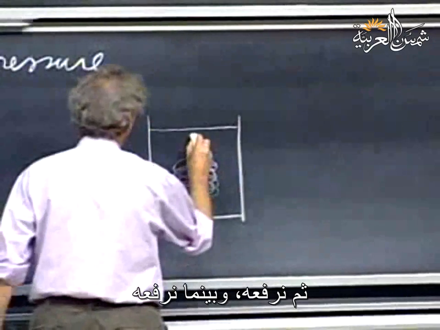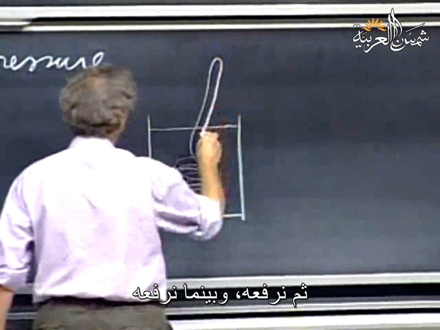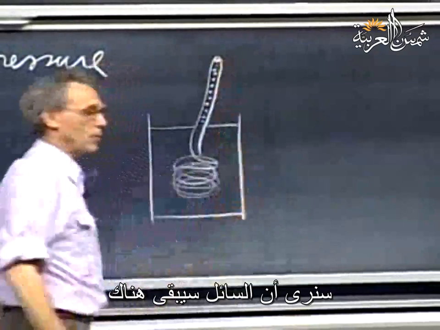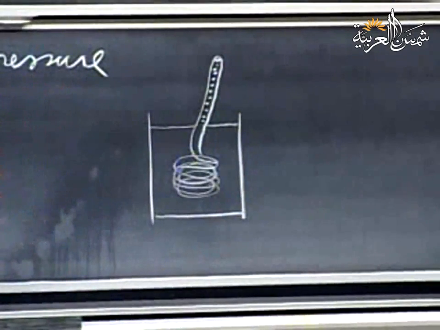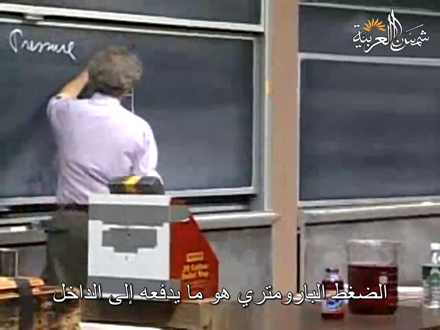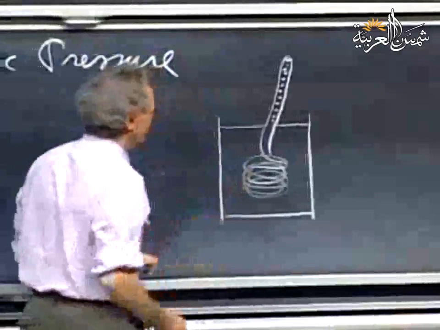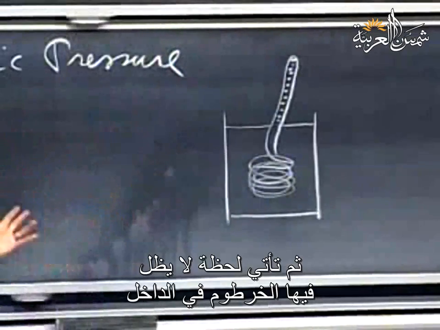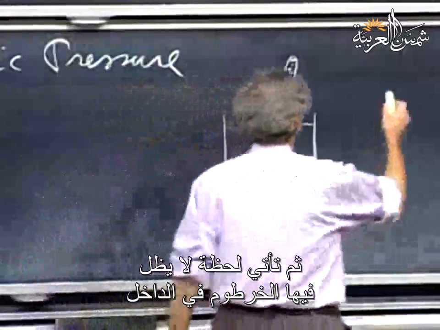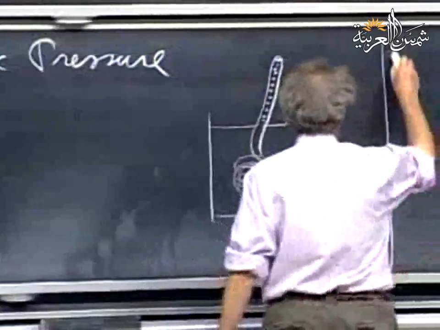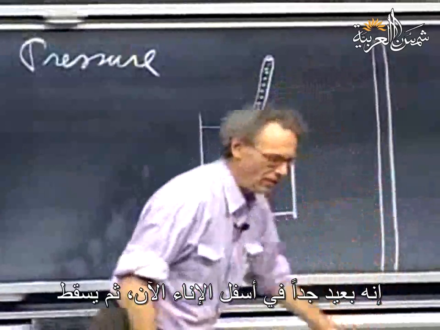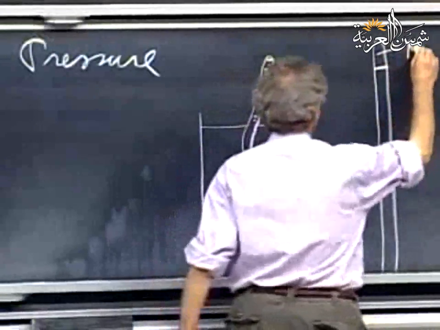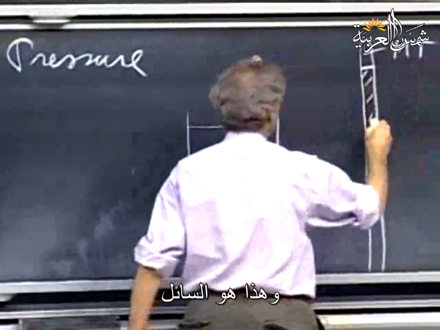And then we lift it out, and as we lift it out, we will see that the liquid will stay there. The barometric pressure is pushing it in. And I pull it out and pull it out, and there comes a time that it will not stay in there anymore. So it's way down there now, the vessel, and it lets go. And this is now empty. And here is the liquid.